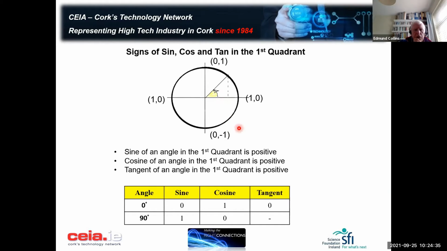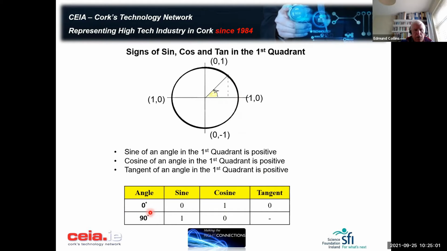Looking at our first quadrant, everything is straightforward. The sine, cosine, and tan are all positive in the first quadrant, because the reference angle is the angle itself, and everything is positive here.